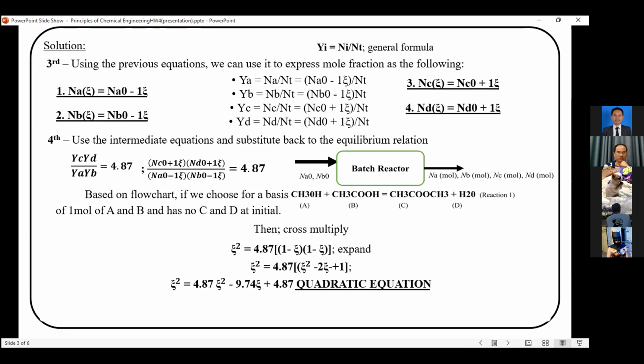Now, based on the flowchart, we can choose a basis of 1 mole of A and B and no C and D at the initial reaction. If we use that assumption, then NC0 and ND0 will be equal to 0, and then NA0 and NB0 will be equal to 1.